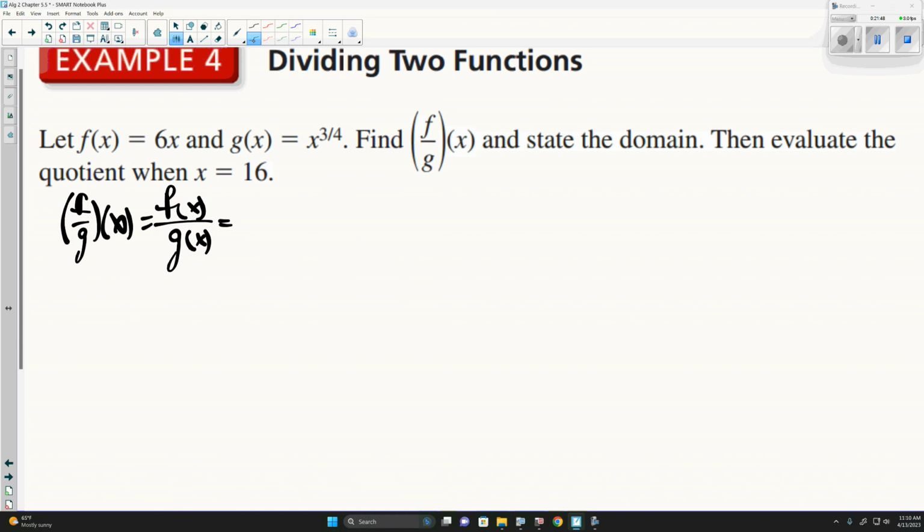And again, just like we've been doing up to this point, we're going to replace f of x with its function, which is 6x. We'll replace g of x, x to the 3/4. Whenever we divide like bases, x and x, we subtract the exponents.